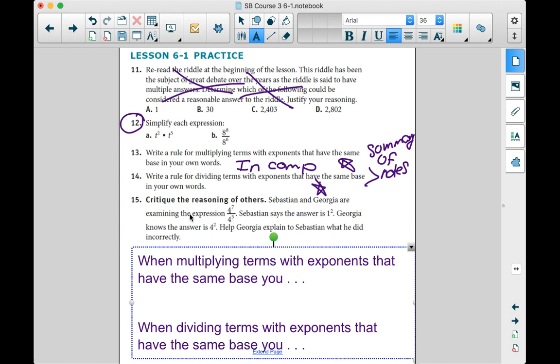Okay, so those are your two sentence starters. So you're doing number 12 in the Springboard, and then you're doing 13 and 14 in your composition book, and you're considering these the summary of your notes. And I will provide Spanish sentence starters as well.